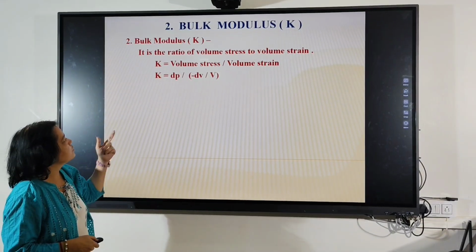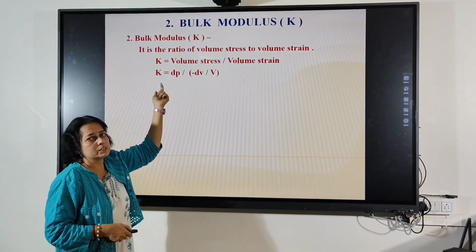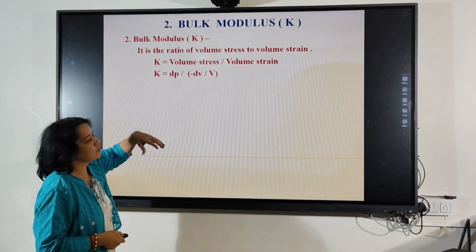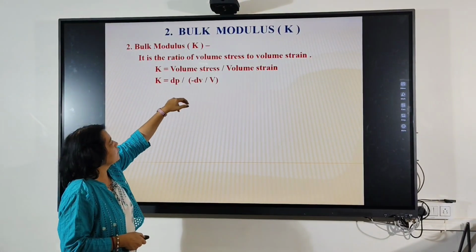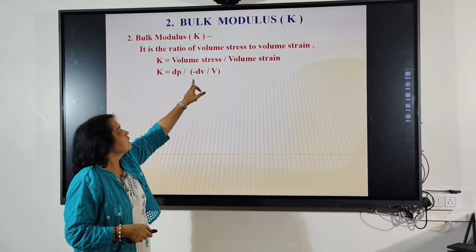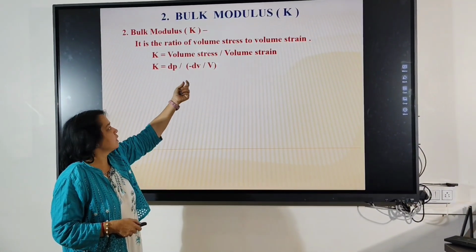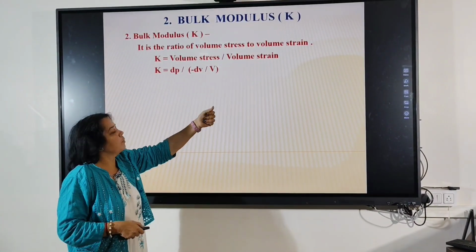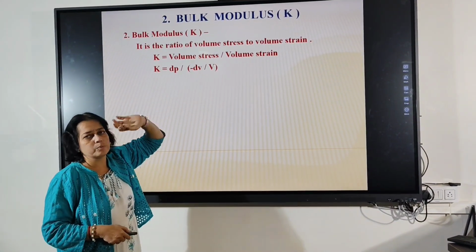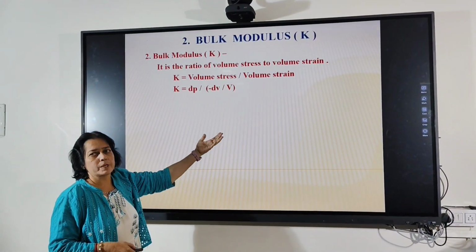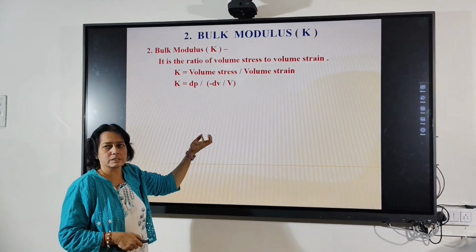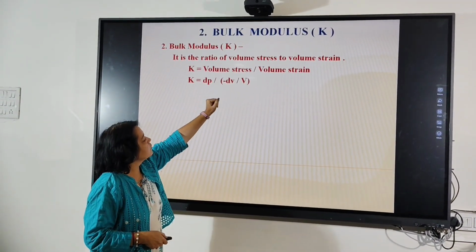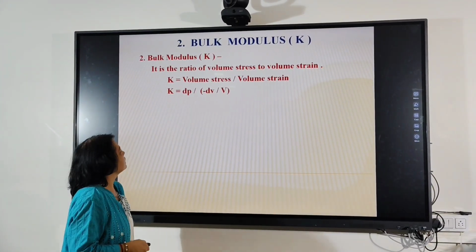We know that volume stress means dP, the change in pressure we apply, divided by volume strain, which means dV by V, the change in volume divided by original volume. We take the negative sign because as we apply pressure, the volume decreases, hence we indicate it by a negative sign.